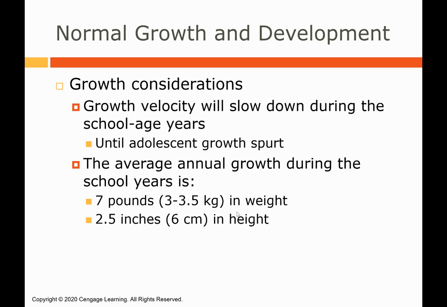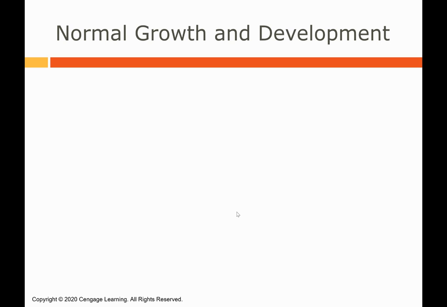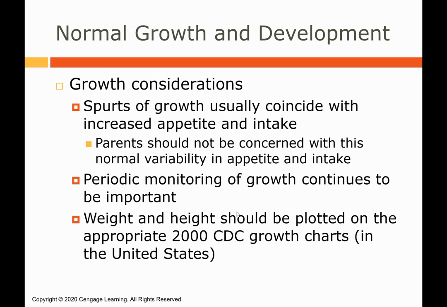Some growth considerations are that the average annual growth during the school years is 7 pounds or 3 to 3.5 kilograms in weight and 2.5 inches or 6 centimeters in height. Growth spurts usually coincide with an increased appetite and intake. That makes sense because our bodies need substrates to build muscle and bone with.